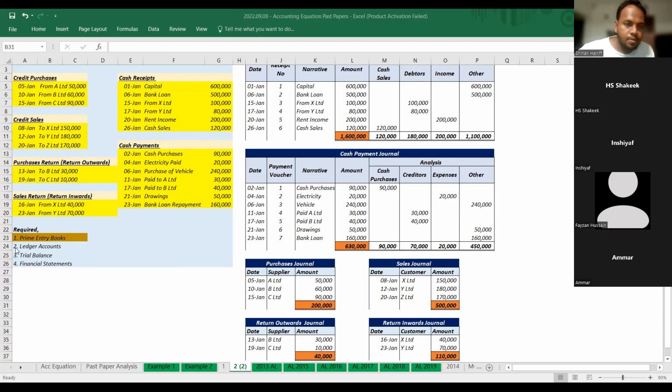So next, we have to do the ledger accounts. So when it comes to the ledger, there are 2 types of ledgers. Let me come back.